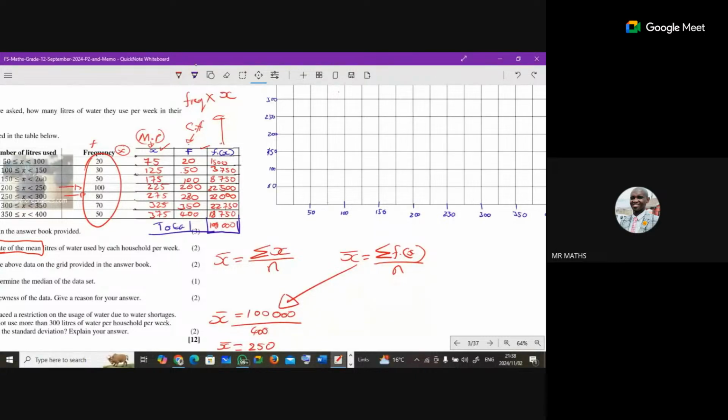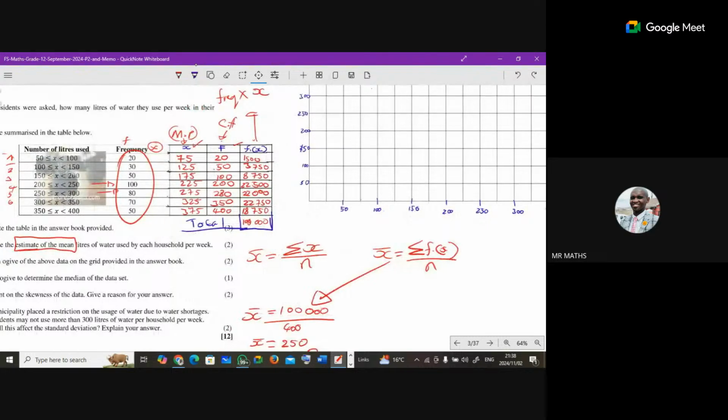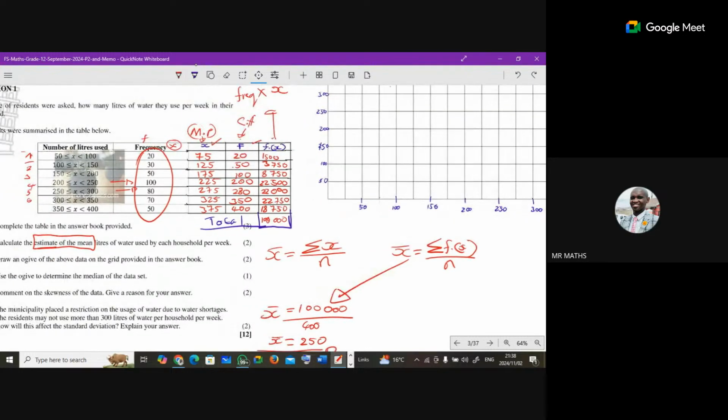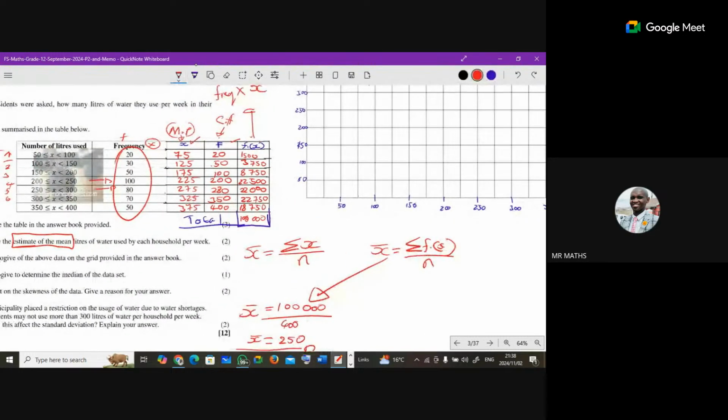Usebenzisa ntoni nantoni kanene kwi-ogive? Usebenzisa ii-classes andithi, which is in number of letters. Kasithetha ngee-classes sithetha ngezi zinto zidropishweyo apha from these ones. These are the classes.